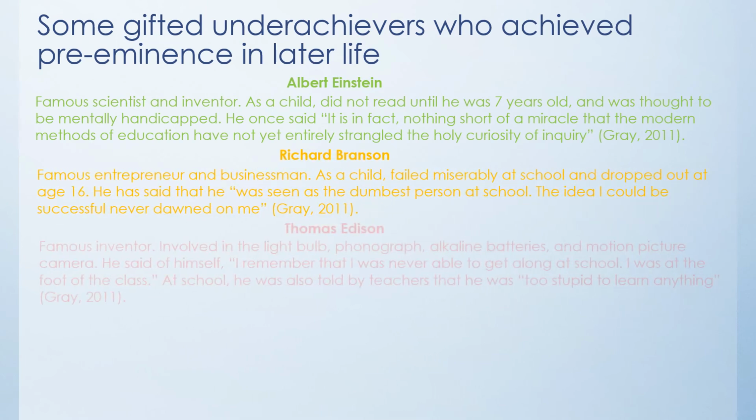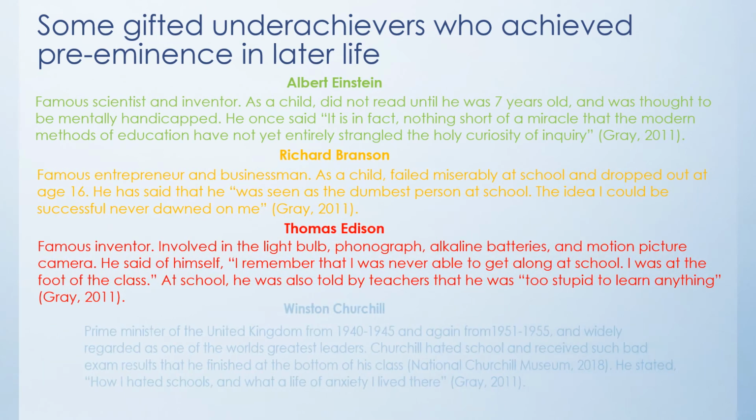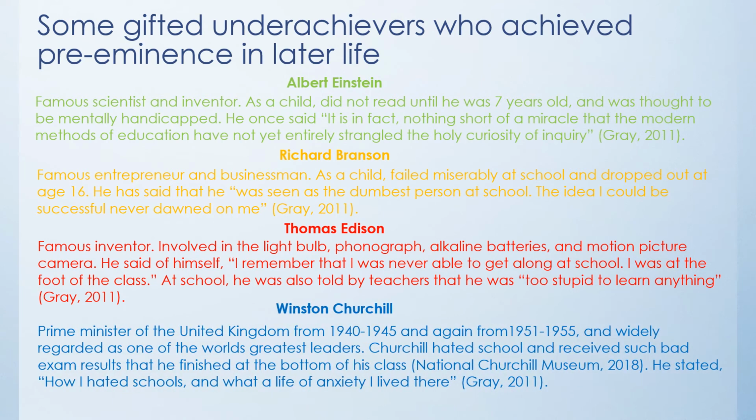In summary, these are a small group of individuals that underachieved or even dropped out of school. But just think about those who underachieved at school through no real fault of their own, and as a result, never got to reap the rewards from the extraordinary potential that they possessed. And furthermore, in this situation, society also misses out on their untapped and immeasurable contribution.